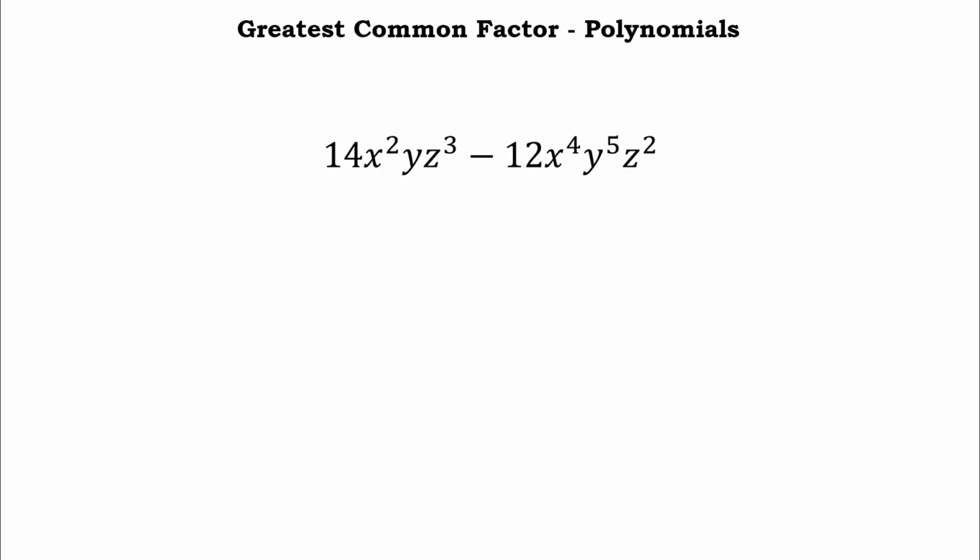So let's do number 2. So we'll take a 2 out of there. And now we have x squared, x to the 4th, so we'll take an x squared out. The y to the 1 and y to the 5th, so we'll take a y. And a z cubed and a z squared.